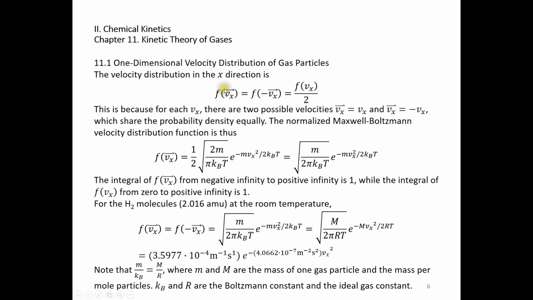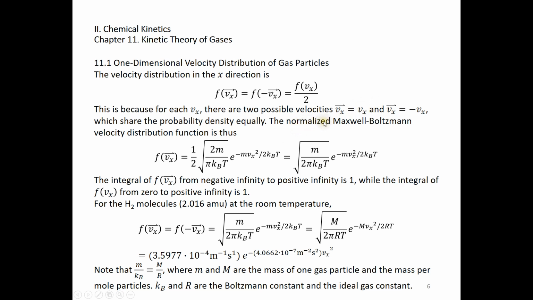So these two functions are just 1/2 of the probability density of the speed. Again, for each speed, there are two possible velocities. One is positive, one is negative. Either way is possible, and their probabilities are the same. Whether it's positive direction or negative direction, it's the same.